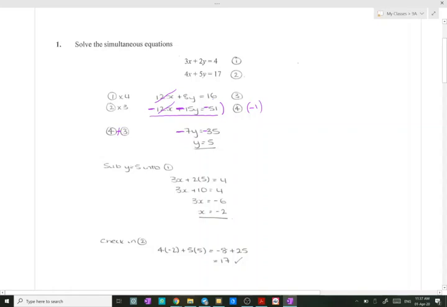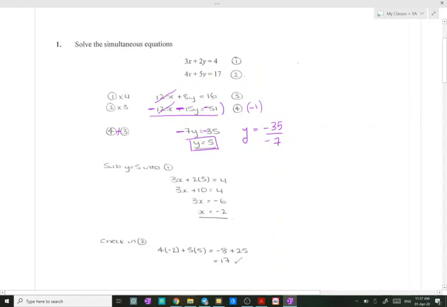Now in order to get y, you divide minus 35 over minus 7, and you get y equals 5. So you substitute y equals 5 either in the first equation or in the second equation in order to find the value of x.